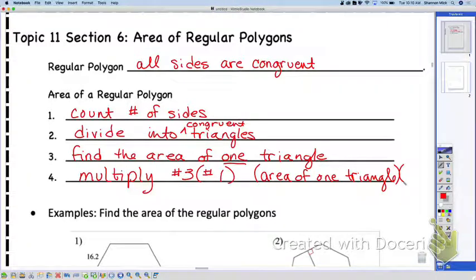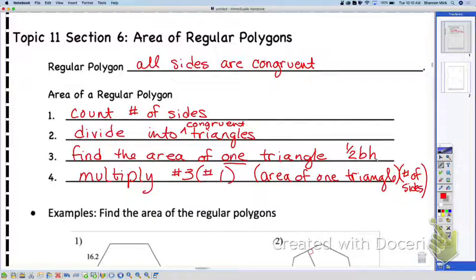The number of sides. So you're going to take the area of the one triangle and multiply it by the number of sides. What is the area of a triangle? To add to number 3, how do I find it? Half base times height, right? So those are the steps.